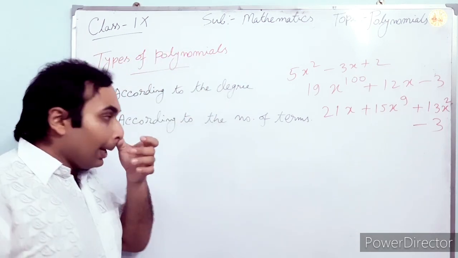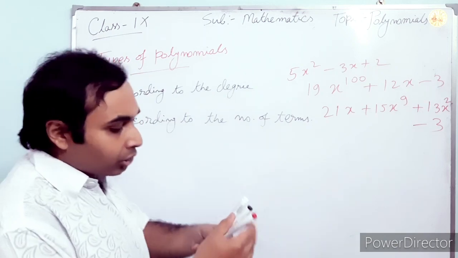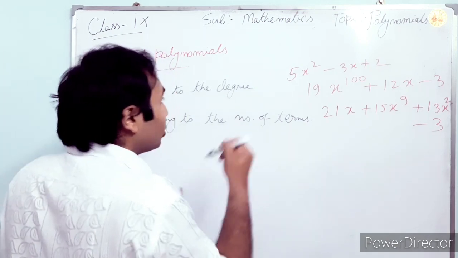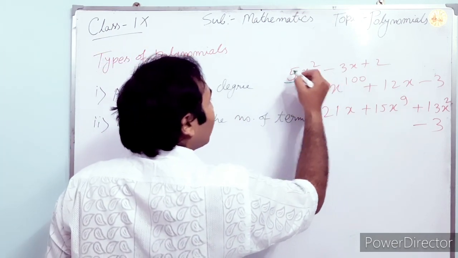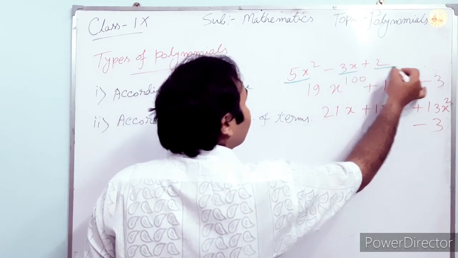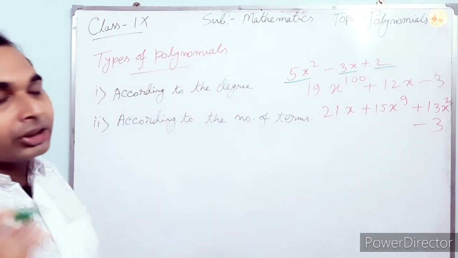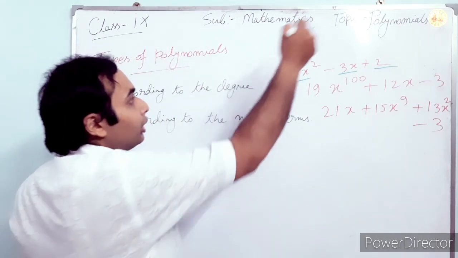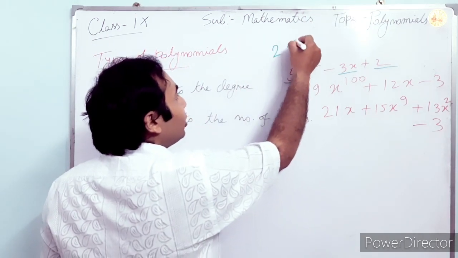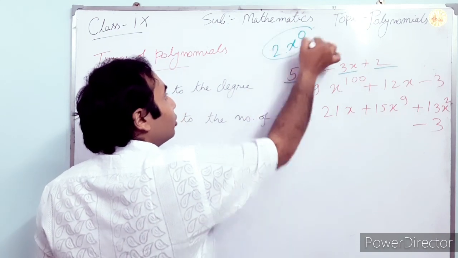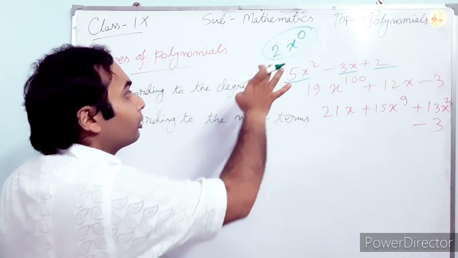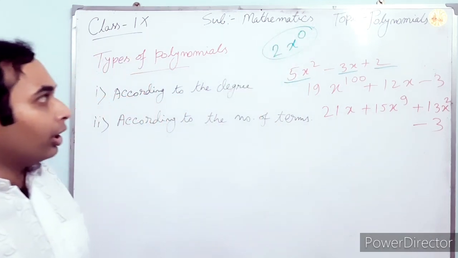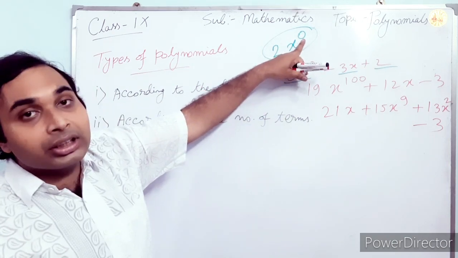Now according to the number of terms, actually those are the terms of the polynomial. This is one term, this is another term, here it is another term. Actually constant is also a polynomial. Constant means if 2 is there, 2 can be written as 2 times x to the power 0. So a constant term with a variable with a power, and this is non-negative, that is 0.